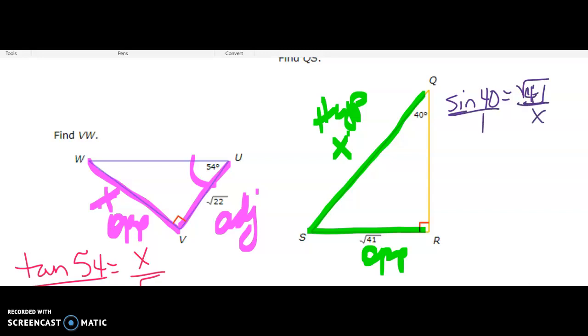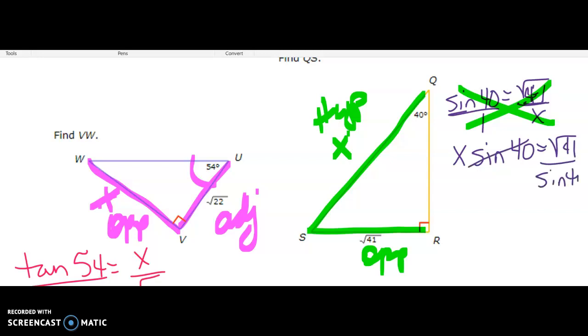Put that over 1. Cross multiply. X sine 40 equals 1 times square root of 41, which is square root of 41. Divide by sine 40.